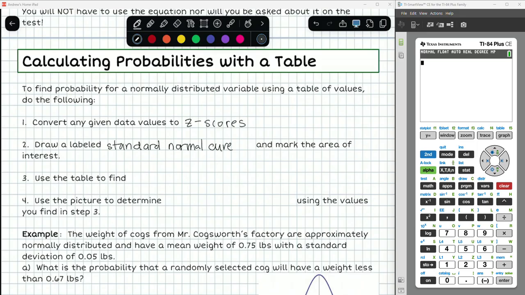Once we've marked the z-score or z-stars that we're given and the area that we're interested in finding, we're going to use the table to find the area to the left of our given z-scores.